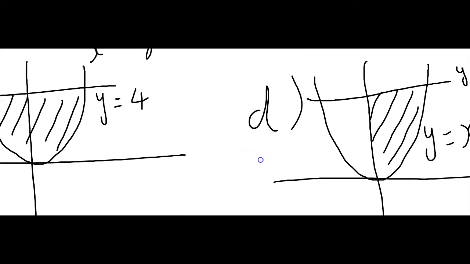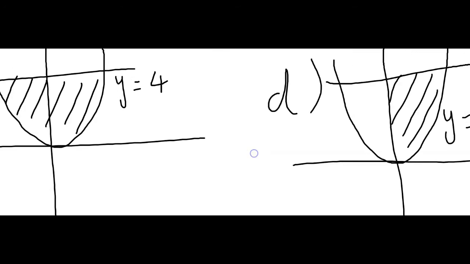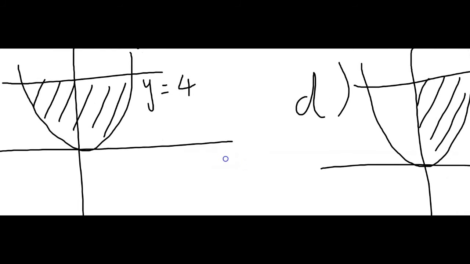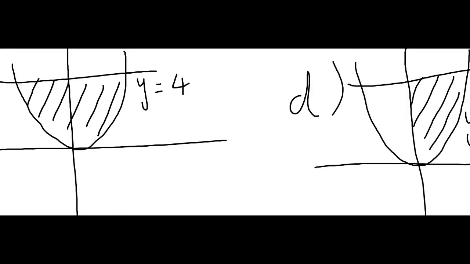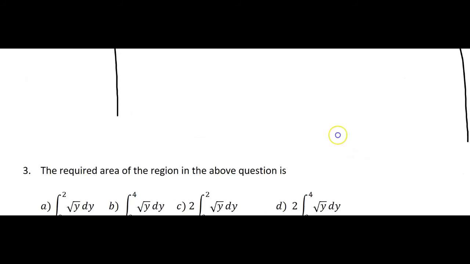But we can see that the region is going to be the whole region below the line y is equal to 4, bounded between the parabola and the line. So obviously option C should be correct because D represents only one part of the area, whereas C is the correct option which represents both the regions. So C is the correct option.